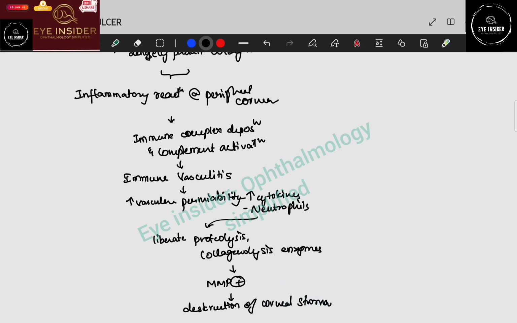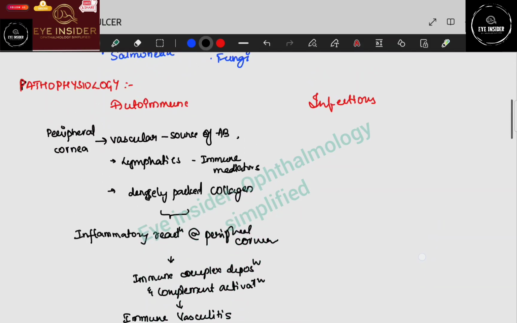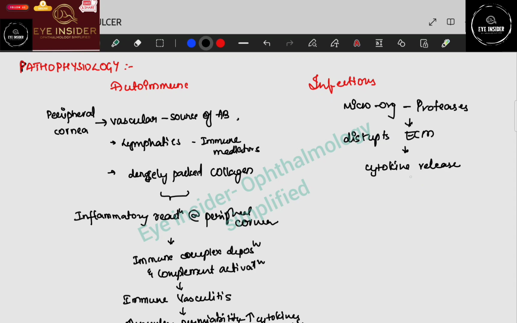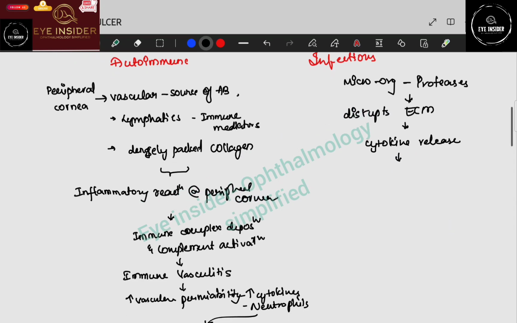Now the infectious cause. The microorganisms produce proteases which disrupt the extracellular matrix. This in turn leads to cytokine release, which leads to recruitment of neutrophils from the limbus to the peripheral cornea.